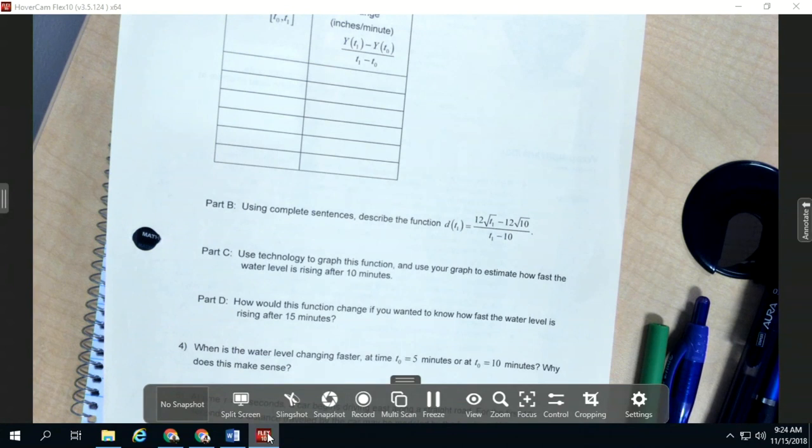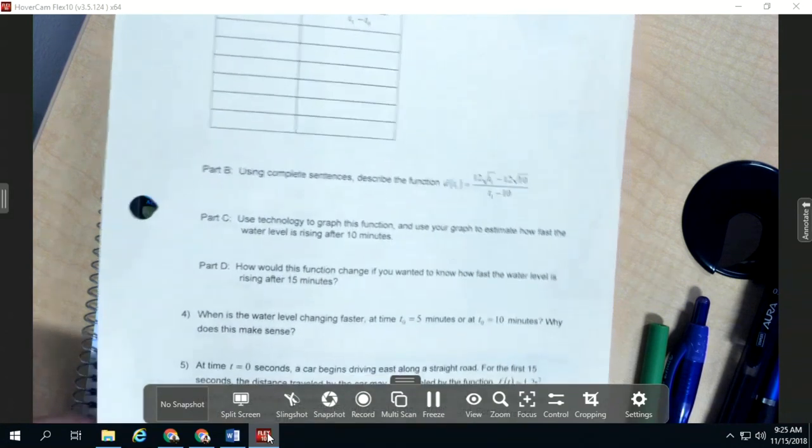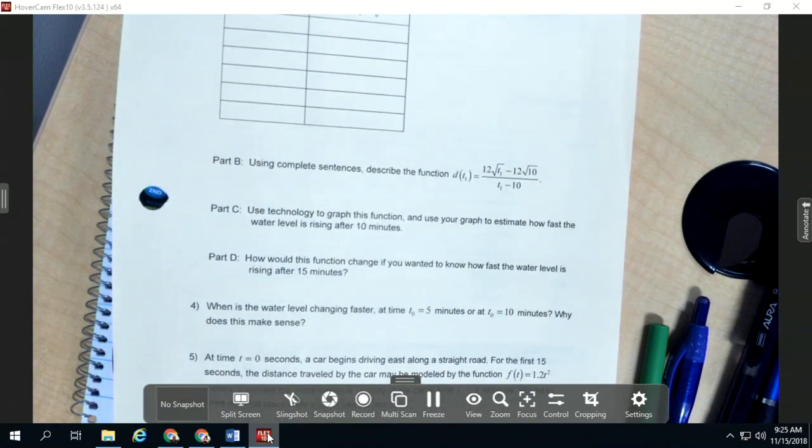Well, this is f of t1, 12 times the square root of t1. This is f of t0, 12 times the square root of 10. This is t1 and t0, I guess is what they call them. So make sure you get that average rate of change situation taken care of.